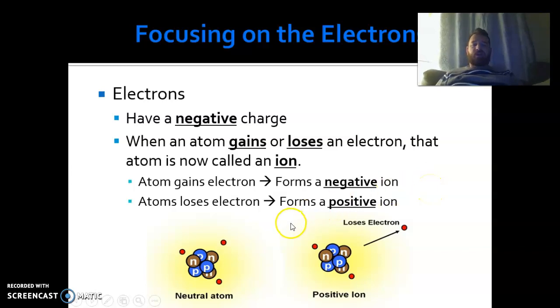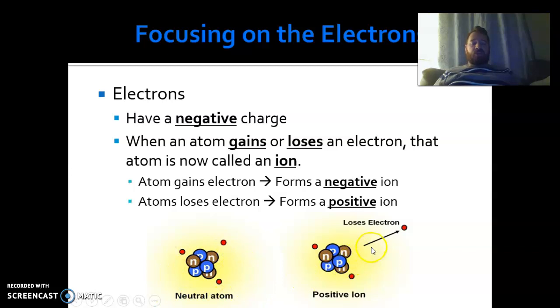All right, so here's a diagram down here at the bottom. We have, it looks like, 3 protons and 3 neutrons in the nucleus, surrounded by 3 electrons. Because we have 3 protons, 3 positive charges, and 3 electrons, 3 negative charges, our atom is neutral.